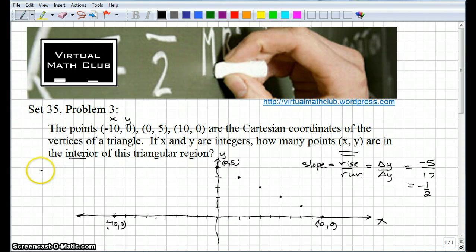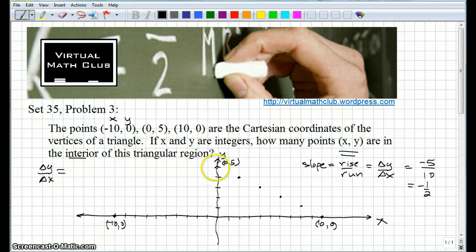Let's look at the slope over here. So let's see, delta y over delta x. I was just noticing here I put delta y over delta y, and I meant to put delta y over delta x, change in y over the change in x.